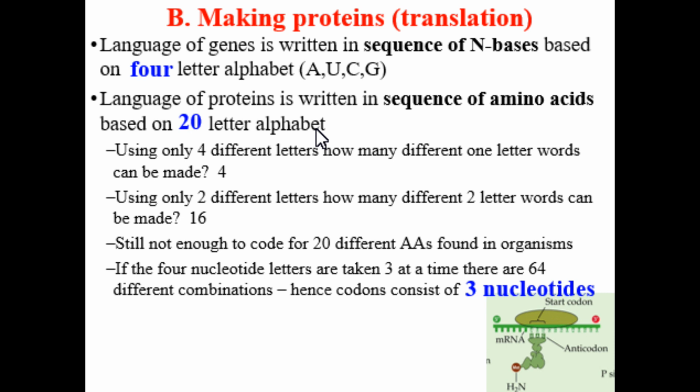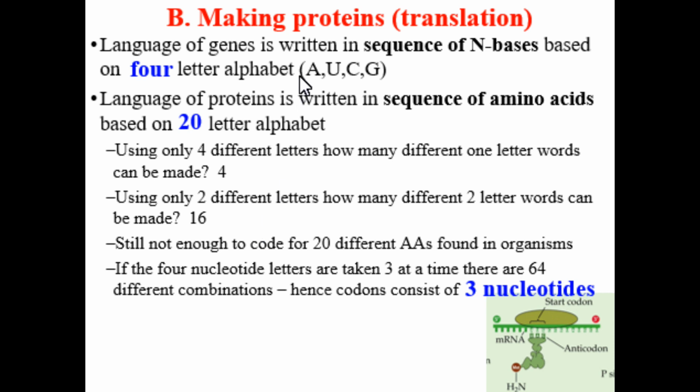So if a codon consisted of 2 nucleotides, AU was a certain amino acid, and AA was a different amino acid, and UU was a different amino acid, you could code for quite a few different amino acids, but only 16. So 2 at a time is not enough to get to 20. 2 at a time would allow you to code for 16 different amino acids.